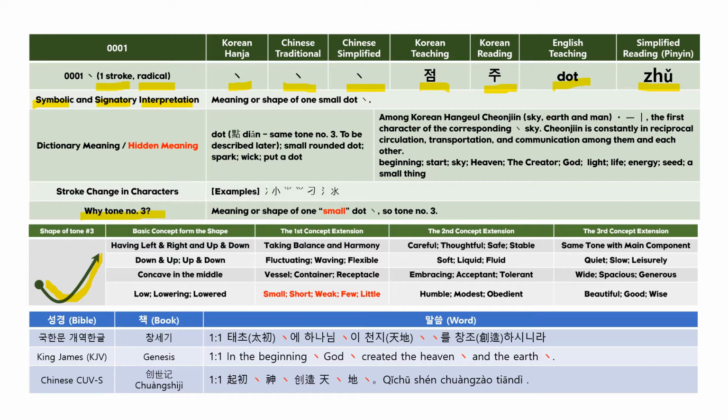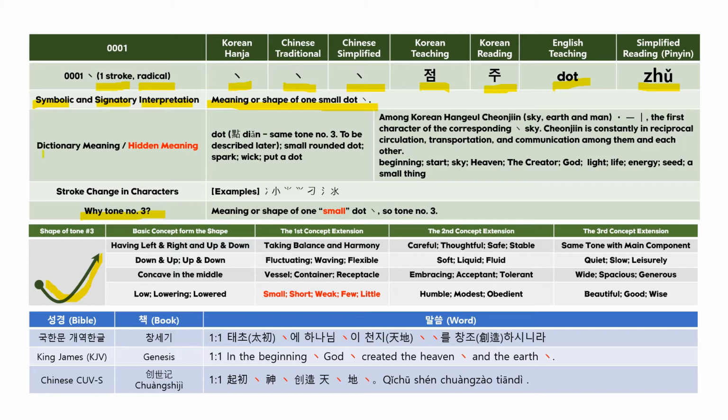If you want to learn the Korean language, you can have a little bit of the idea of how to read each Korean Hanja. But if you don't want to learn the Korean language, never mind. Anyway, this is an English lecture, so let's focus in English. It's the meaning or shape of one small dot. That's the way of interpretation.